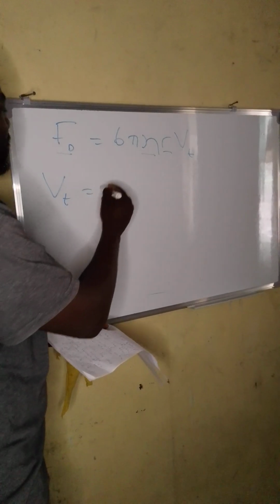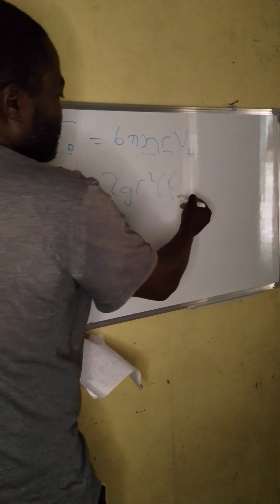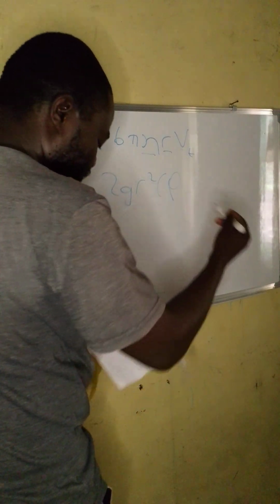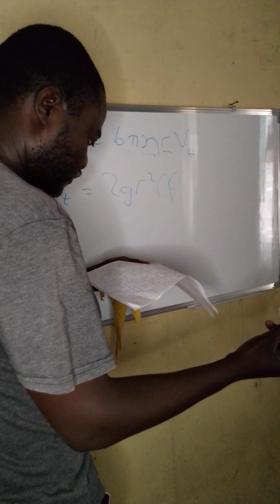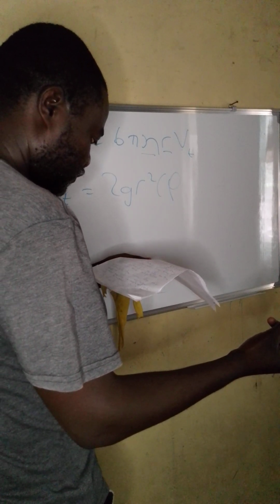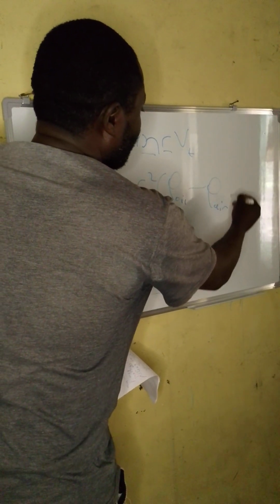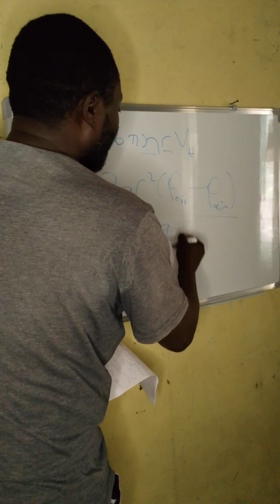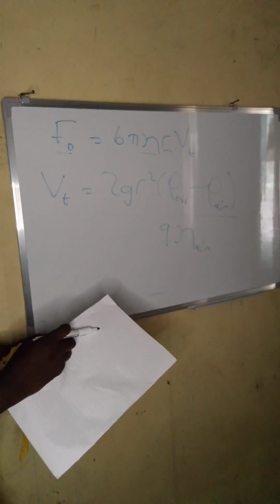Terminal speed is 2 g r squared times the density of oil falling through the air minus the density of air itself, over 9 times the coefficient of viscosity of the air medium.